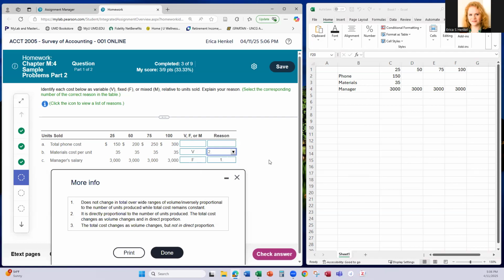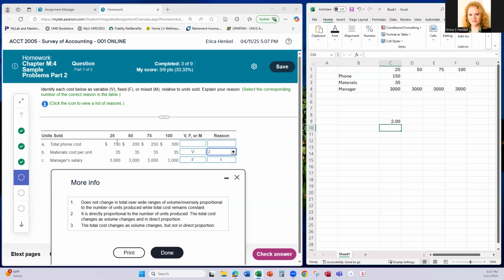All right, and then the phone cost we have for 25 phones, it's 150, and it's going up $50 for each 25 units. But if we say, how much is this going up? It's going up $50 for 25 additional phones, which means it's going up $2 per unit or here.